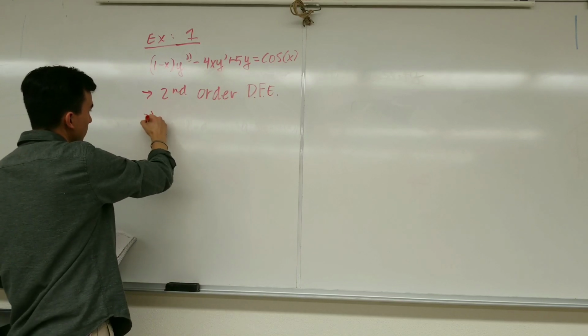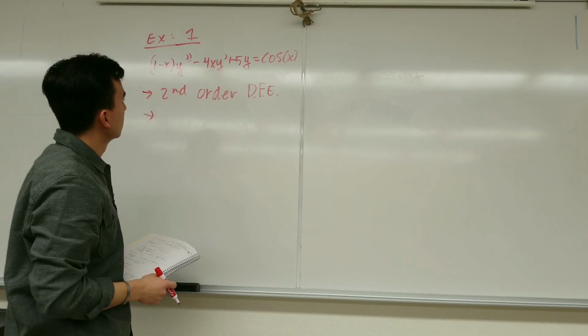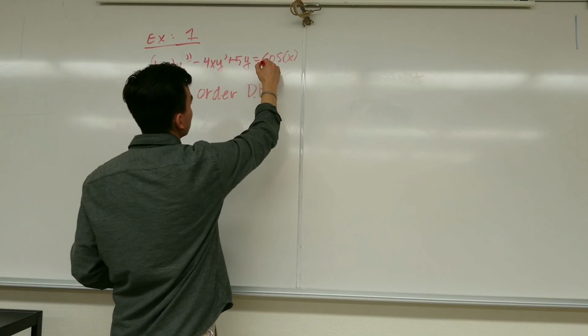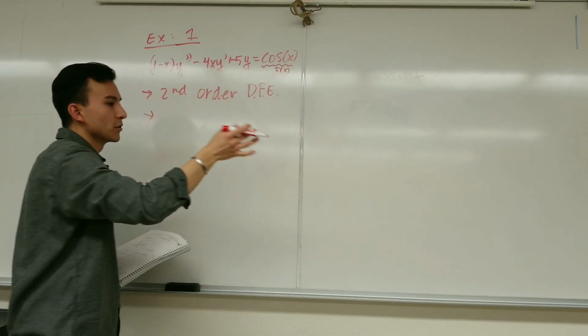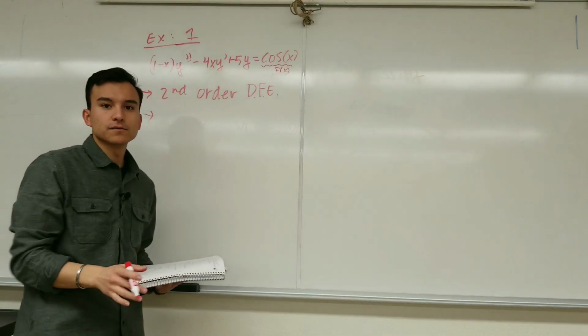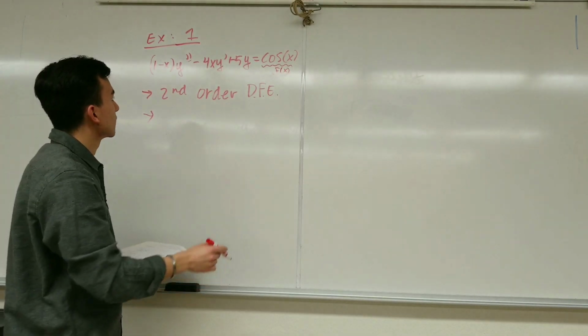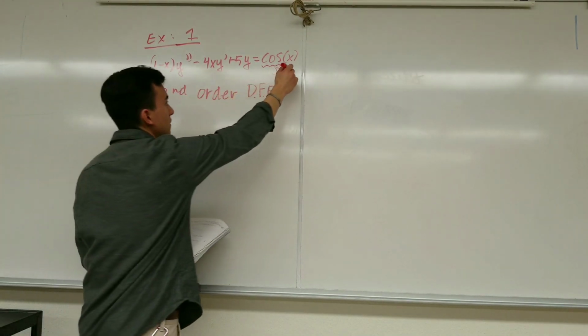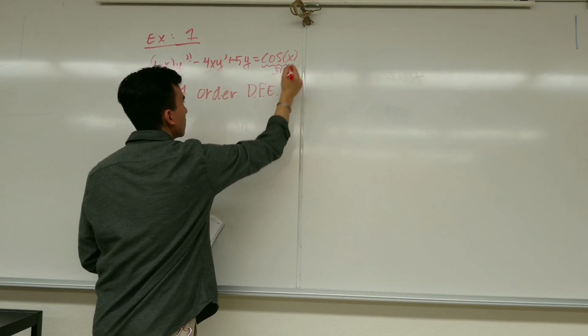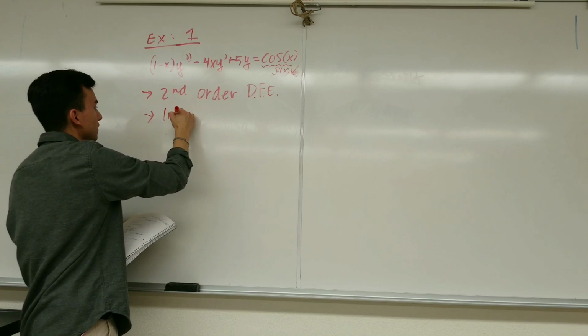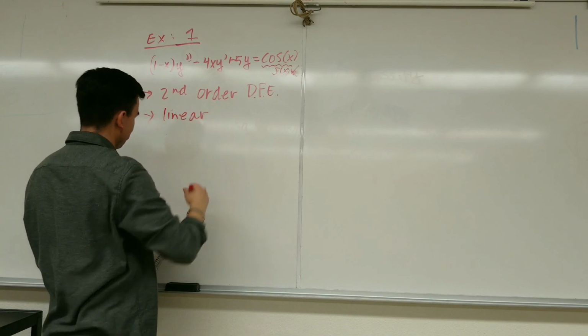And then, is it linear, nonlinear? Well, we have this function, and if you go back to the format of the linear differential equations, you'll see that this is, that was a check mark. You'll see that this is linear. Okay?